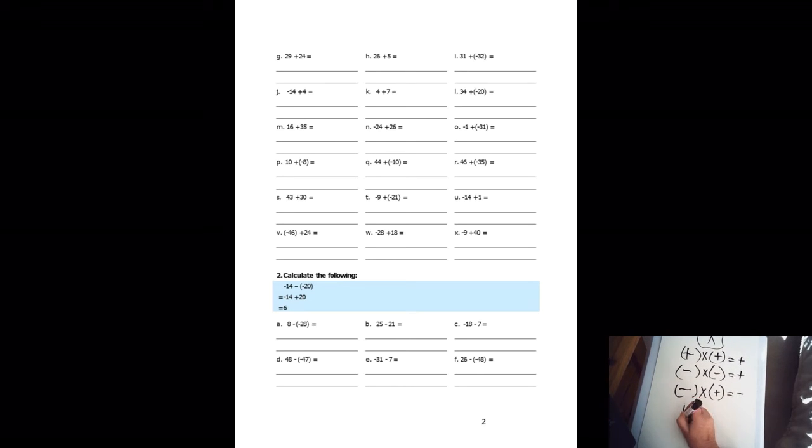If I multiply positive with negative, I end up with negative. So do you see there are two positives? Positive times positive gives me that. Negative times negative gives me this, the same as that. Negative times positive, negative. Positive times negative, negative. Only multiplication. Now, any of these sums for your homework today that have got multiplication as part of the sum, make sure that you do that part first.